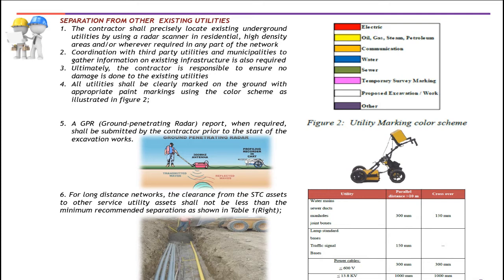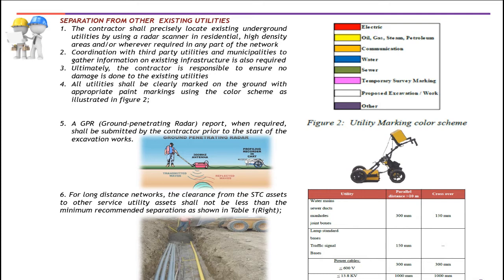Okay, so to be able to prevent occurrence of any damage to existing underground utilities, a ground scan using ground penetrating radar is very important, and also observe a 50 millimeter trench separation from existing utilities as well. So for long distance network, the clearance from the STC assets to other service utilities assets shall not be less than the minimum recommended separation as shown in the table below.